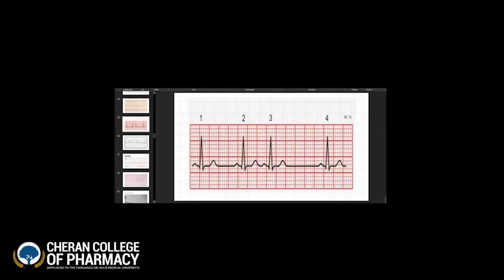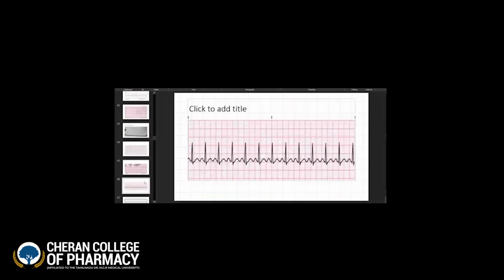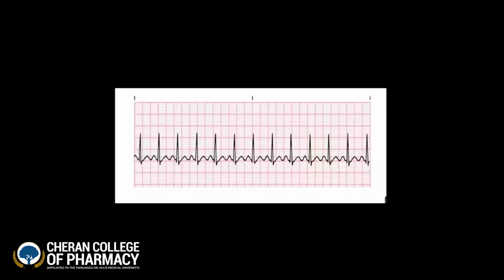I'll show you how to count the heart rate of a regular rhythm. Can anyone say whether this is regular or irregular? The rhythm is regular. Okay, regular. So coming to the formula for a regular pattern, how to count by the accurate method: one R wave and the next R wave are here, right?